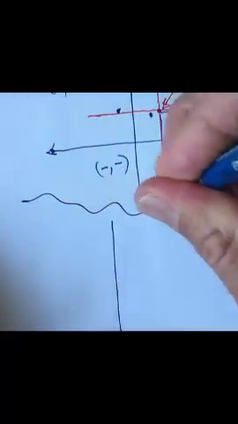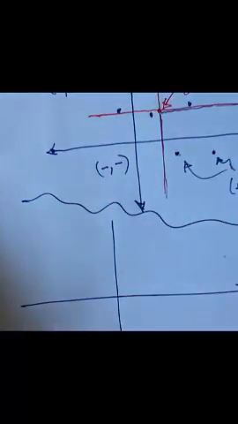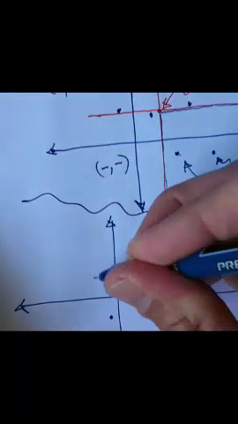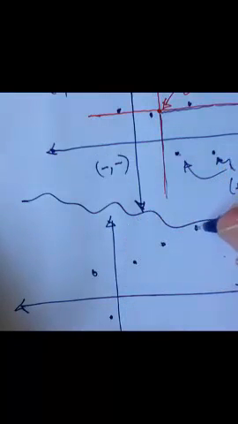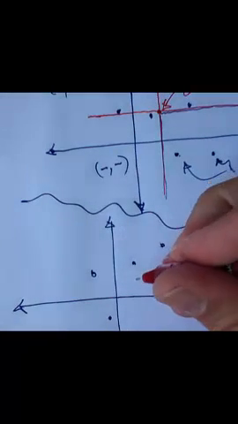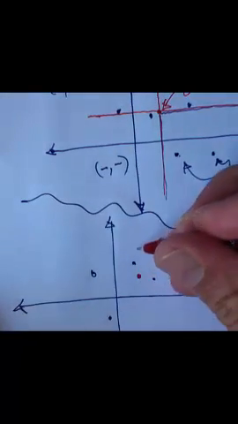On the other hand, what if I had a picture that looked like this, sort of a positive trend? Well, the center of mass for this kind of point pattern is probably right at about there.